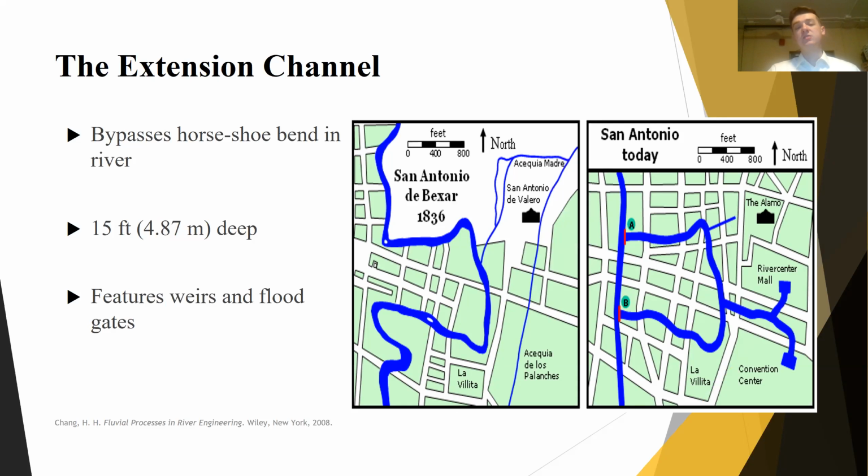As well, they established small concrete weirs in the bottom of the channels. These are just like miniature dams to encourage water flow and limit erosion. Also, two standard floodgates were implemented at point A and point B just to control how much water gets in and out of the Riverwalk that surrounds the downtown area.